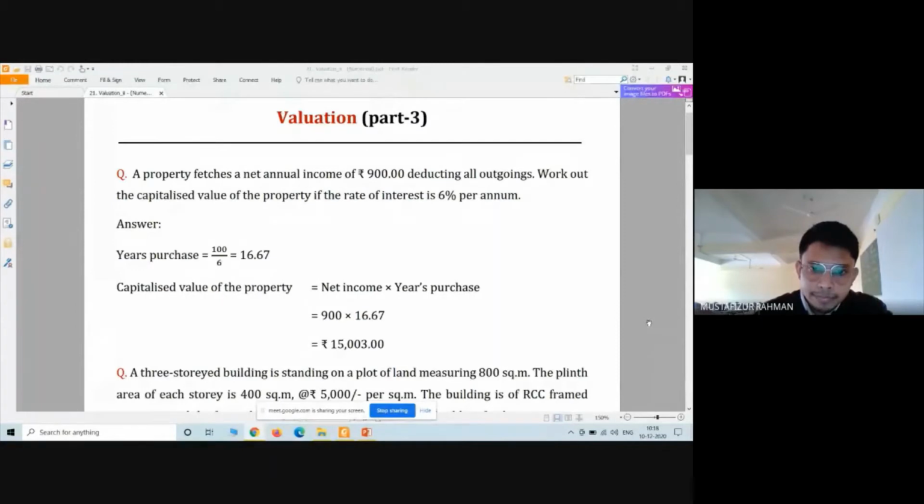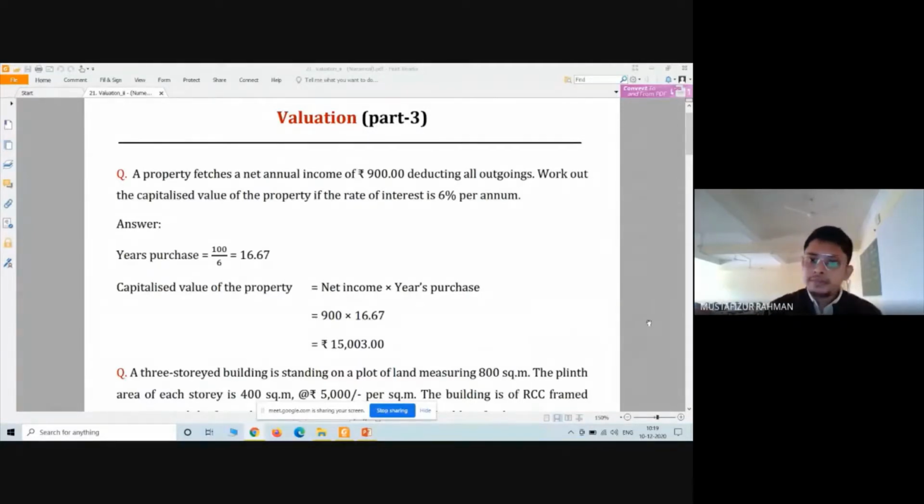Now, the question is saying that the income is 900. Capitalized value of the property is given that way: if my building that I own is giving me rupees 900 in a year, that means how much money I have to keep in a bank that will give me the same amount of income as interest.